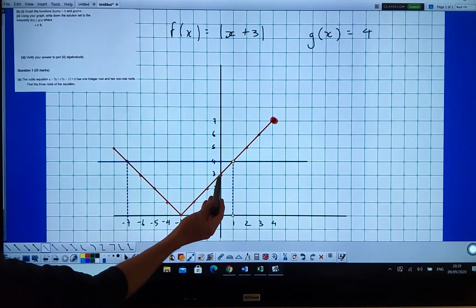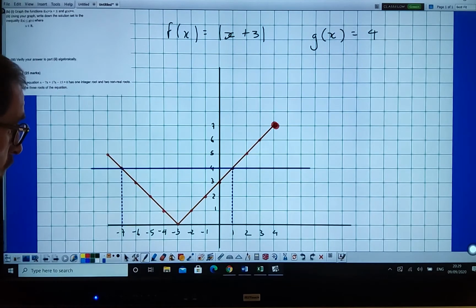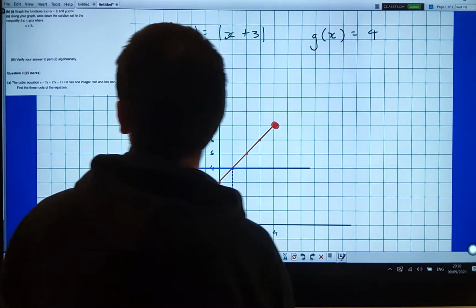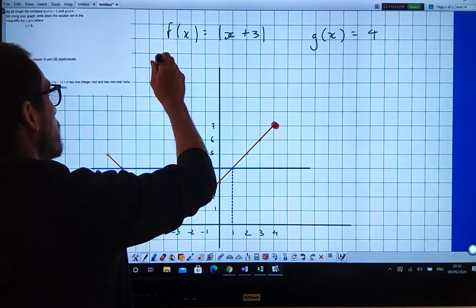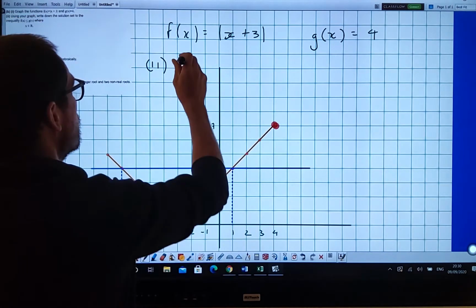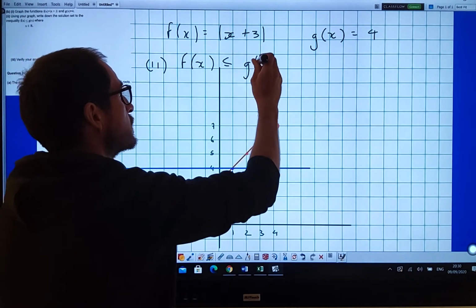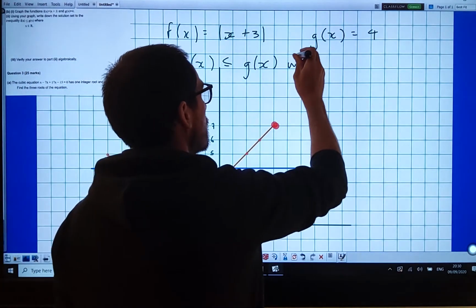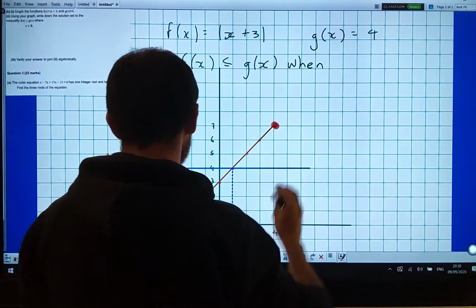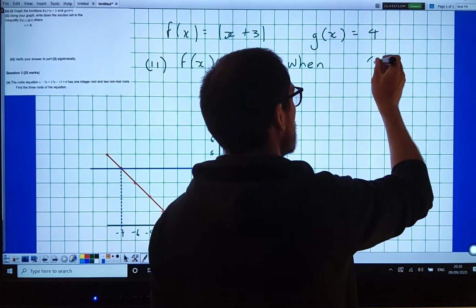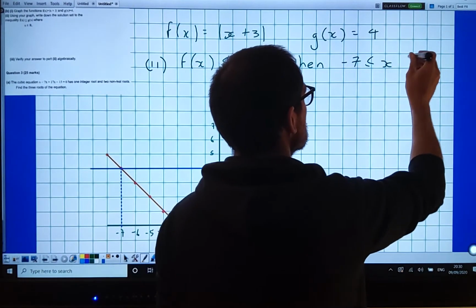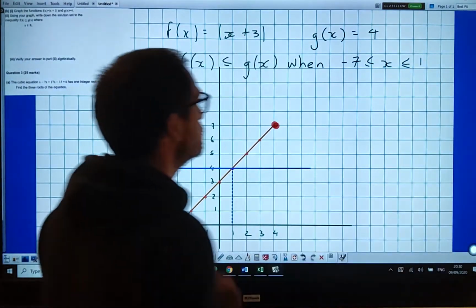Its value is less than g of x. So what you could say for part 2 of this question is f of x is less than or equal to g of x when x is greater or equal to minus 7, less than or equal to 1.